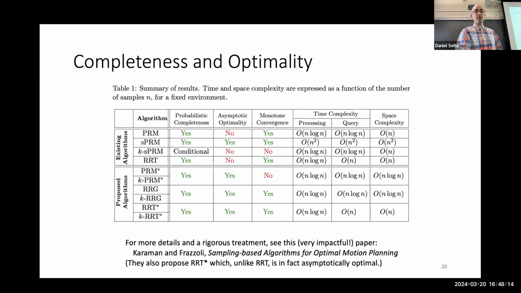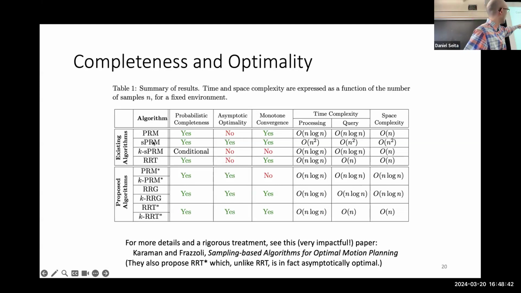The most important thing is to know that probabilistic roadmap and RRT are probabilistically complete. So if you run it long enough, it'll find the solution if a solution exists. But they do not have asymptotic optimality. That's why you have yes and no for these two.